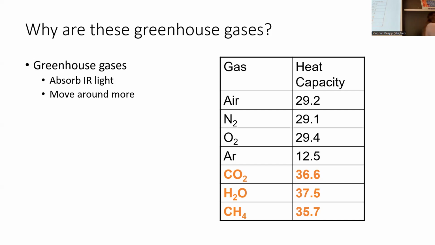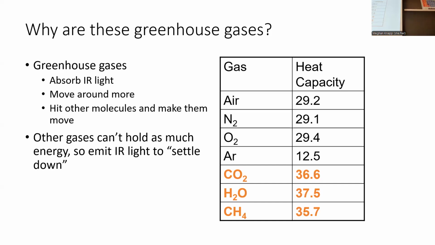All right, so the greenhouse gases, we know they absorb that infrared light. That infrared light causes them to vibrate, causes them to move around more and heat up things around them. They hit the other molecules, make the other molecules move. And so as they mix, which is convection, and as they bump into each other, which is conduction, they're causing that heat exchange, which warms up the whole atmosphere.